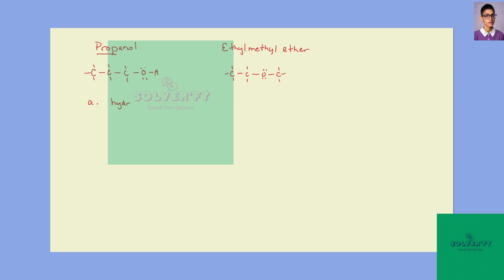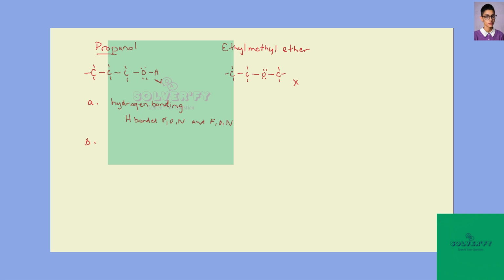So hydrogen bonding is a type of intermolecular force between molecules, and it's a force between a hydrogen that's bonded to an F, O, or N. So if we look here on propanol, I have a hydrogen bonded to an O. So propanol can engage in hydrogen bonding because there is a hydrogen bonded to an F, O, or N. Here, all my hydrogens are bonded to carbons. There is no hydrogen bonded to this oxygen. Therefore, ethyl methyl ether cannot engage in hydrogen bonding.